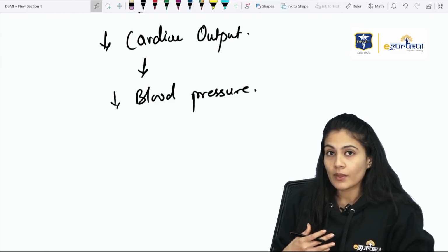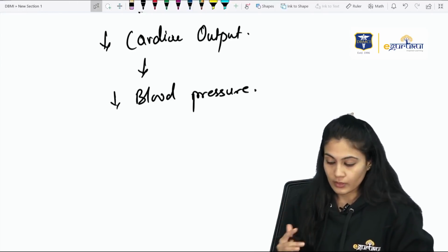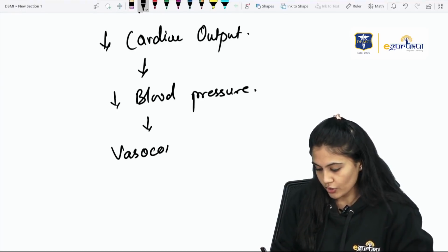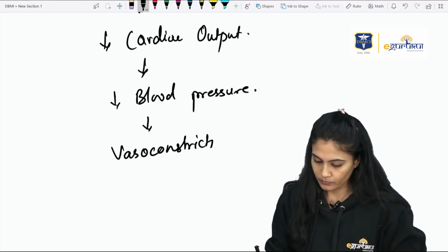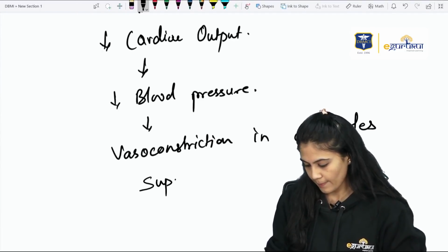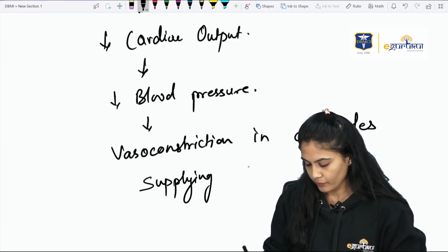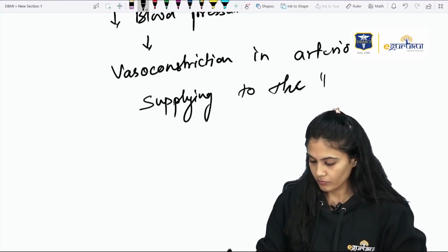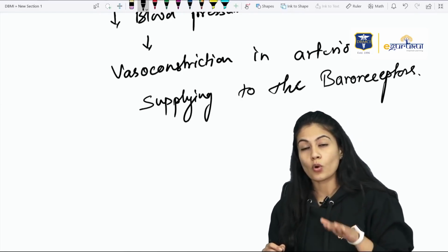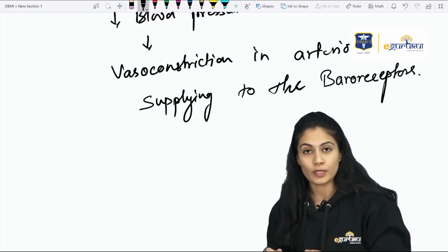Remember, if the blood pressure is low, there will be vasoconstriction seen in the arterioles supplying the baroreceptors. Now, because of this, what will happen to the firing rate of the baroreceptors?